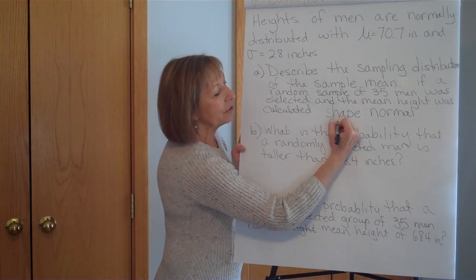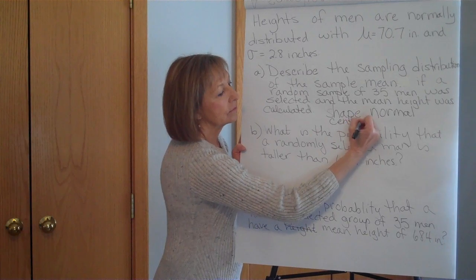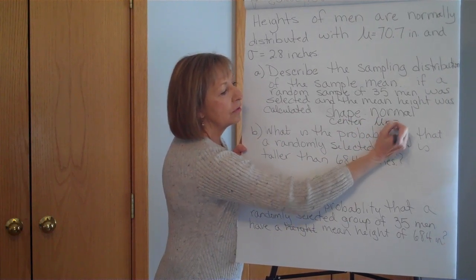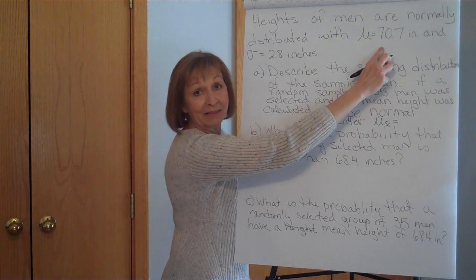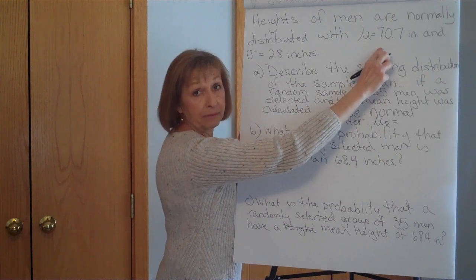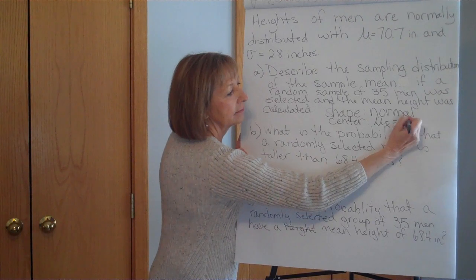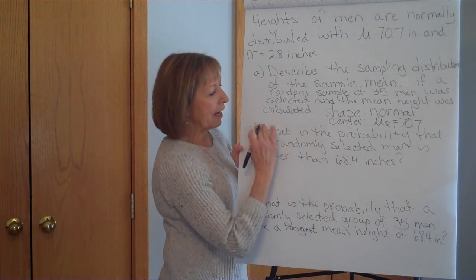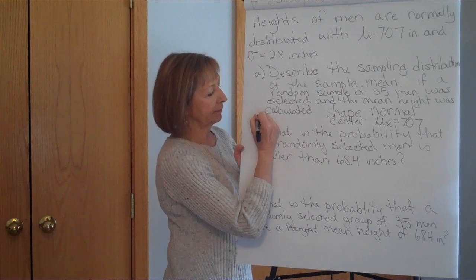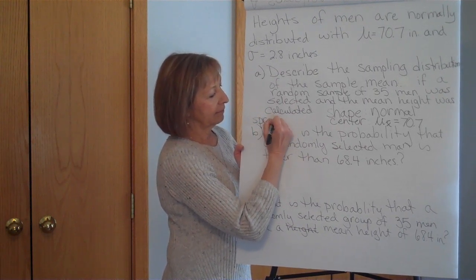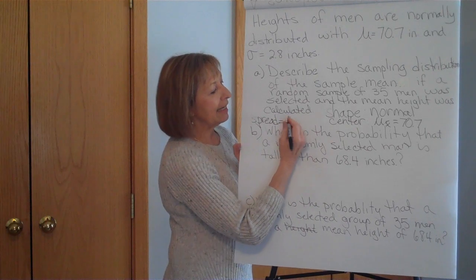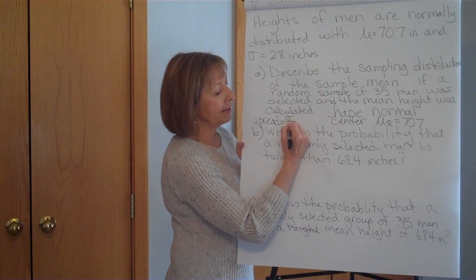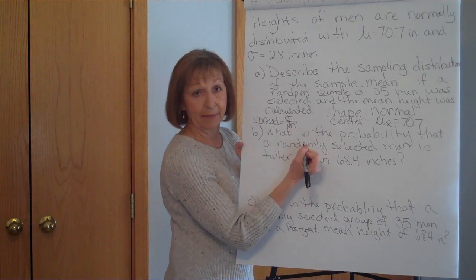The center, mu sub x-bar, will be the same as the mean of the individual numbers. So it's going to be 70.7 inches. And the spread is the standard deviation of the individual numbers divided by the square root of how many were in the sample.